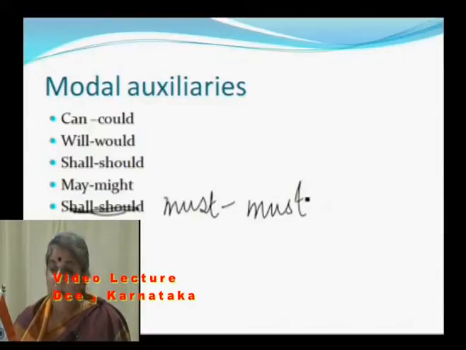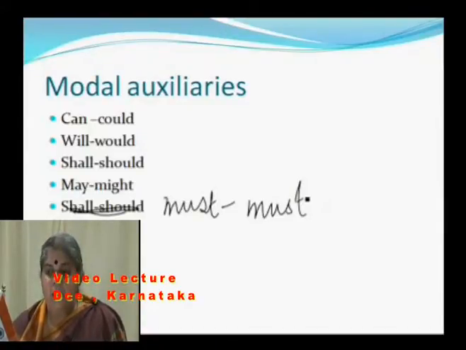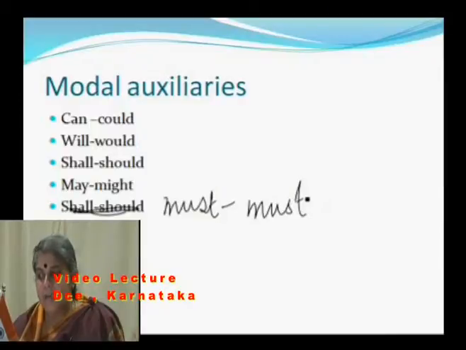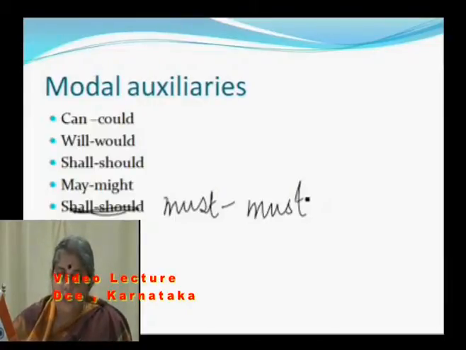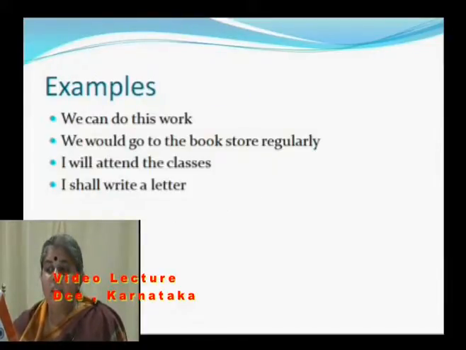Now, modal auxiliaries take both the past forms could, would, should, might, must, and they also take which form? The present forms: can, will, shall, may, must. These are the modal auxiliaries. Now, let us study the examples.